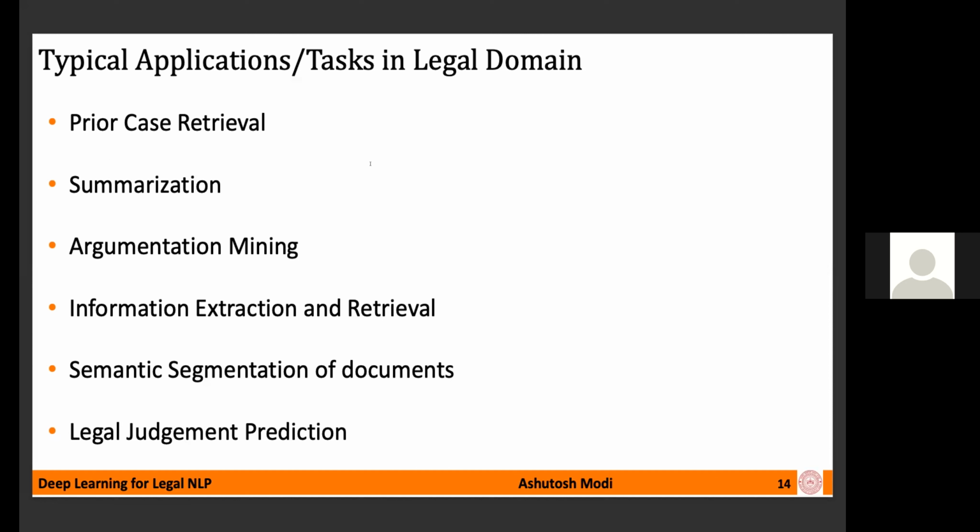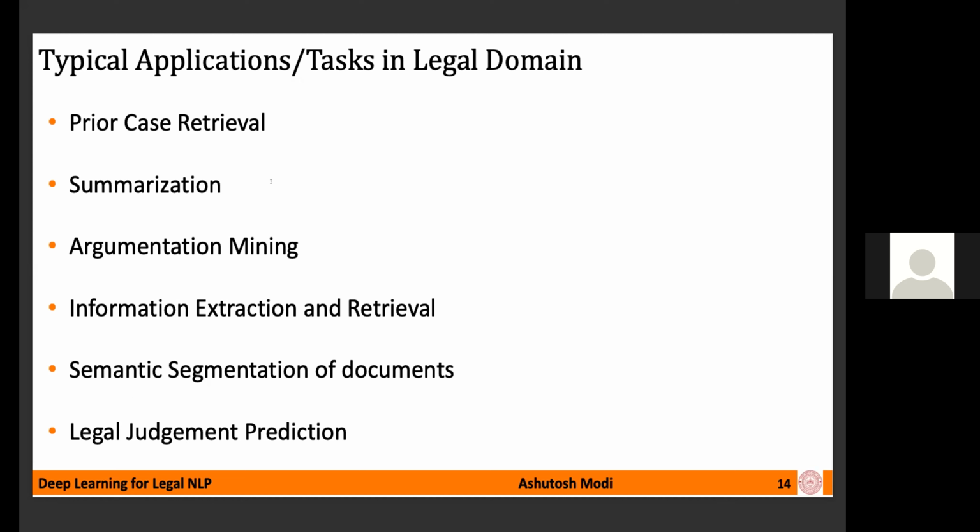Okay? And then another task is summarization. Given that legal documents are super long, as I mentioned earlier, you would like to have a system which could summarize so that legal practitioners could quickly go through the summary instead of reading the entire long documents, right? And then there is the task of argumentation mining. As you know, in legal judgments or legal documents, there are arguments and counter arguments going on between the lawyers, right?